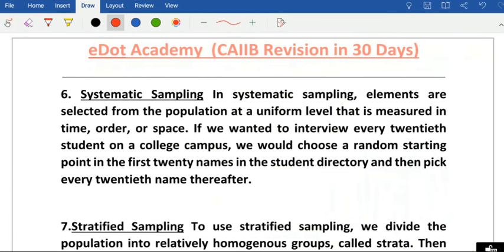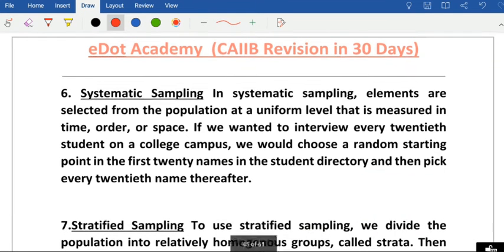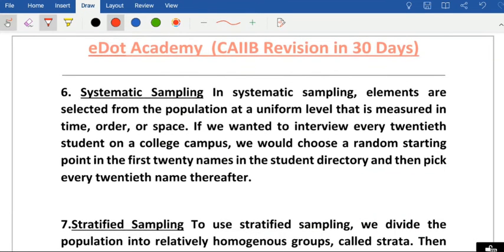So in systematic sampling, elements are selected from the population at a uniform level. At a uniform level, that is very important, and is measured in time order or in space. I'll give one example here. If we want to interview every 20th student on a college campus, we could choose a random starting point in the first 20 names.